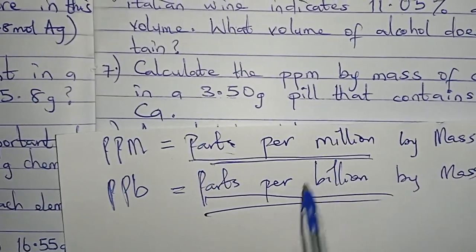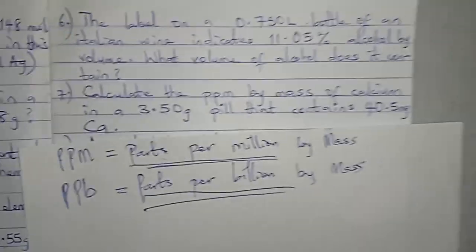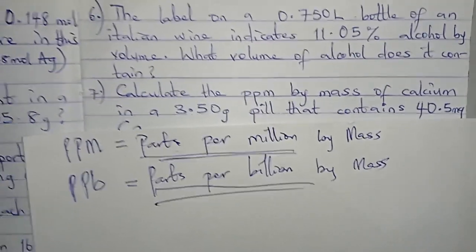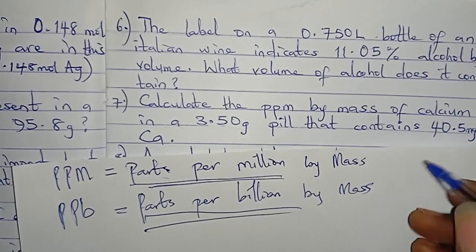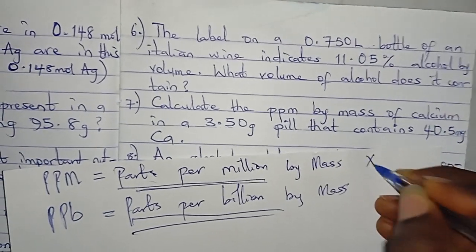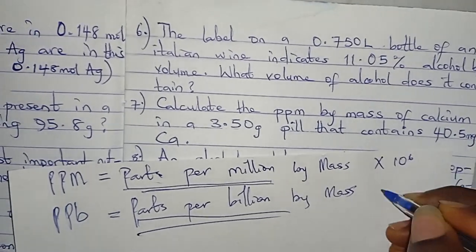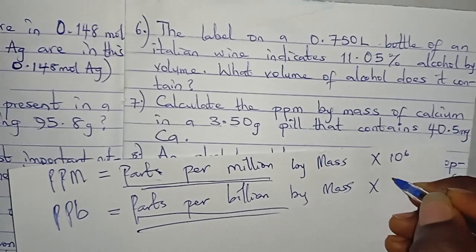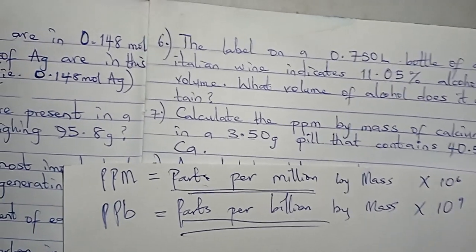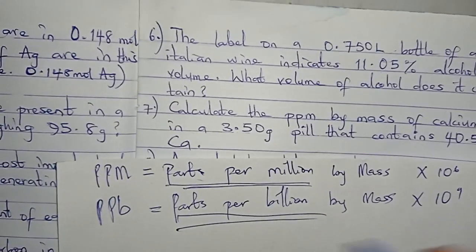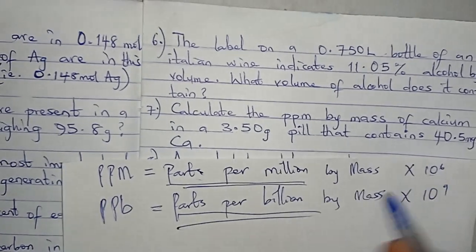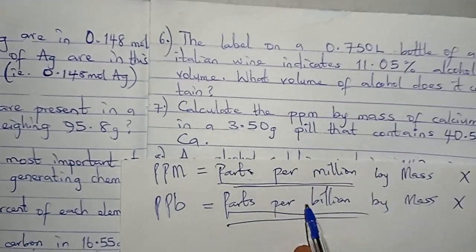This is not divided by, I'm just giving you what this acronym means. So anytime you're asked to find something in parts per million, by the time you finish, you times your answer by 10 raised to the power 6. For parts per billion, you times your answer by 10 raised to the power 9. Then you times your answer by 10 raised to the power 6 when it's parts per million.